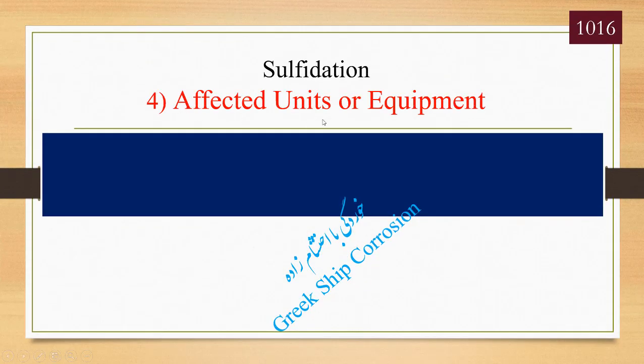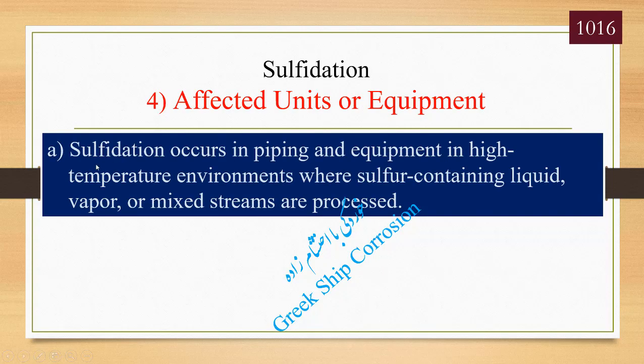Now, 4. Affected units or equipment. A. Sulfidation occurs in piping and equipment in high-temperature environments where sulfur-containing liquid, vapor, or mixed streams are processed.